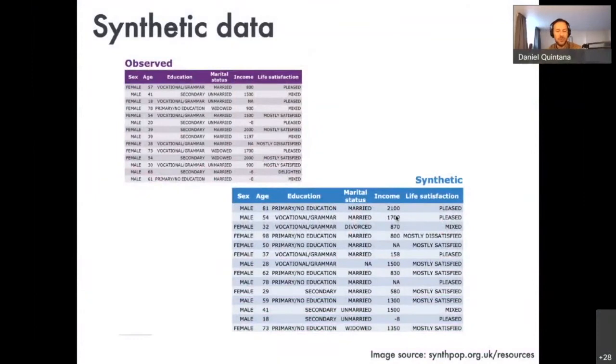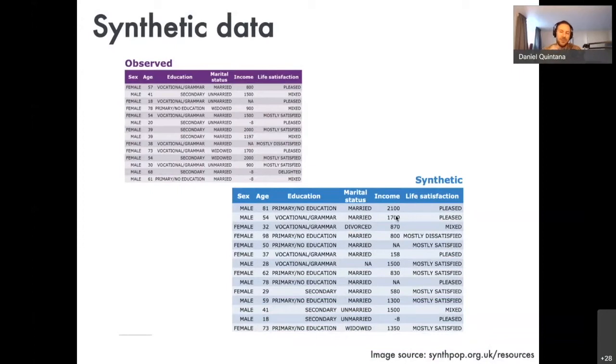To give you an example, we have here our observed data set with a few different variables, very typical stuff: age, sex, education, marital status, income, a mix of categorical variables and continuous variables. And you can create a synthetic data set which scrambles everything.